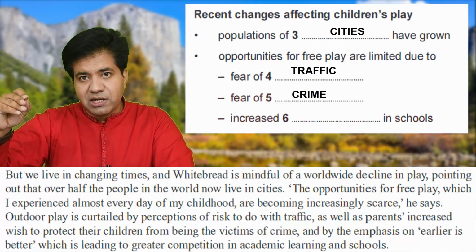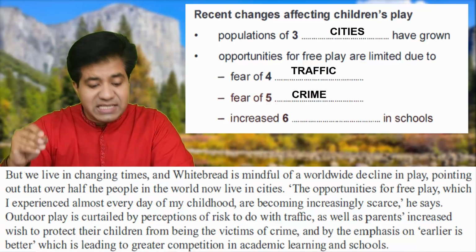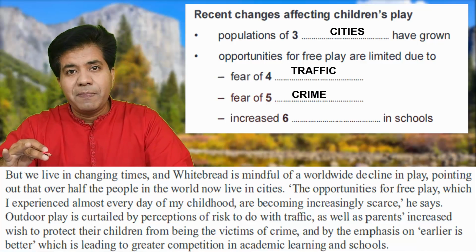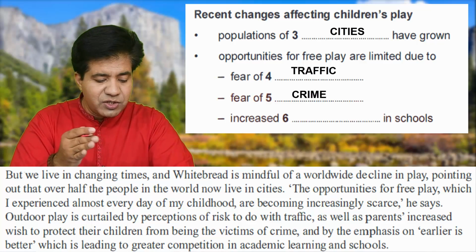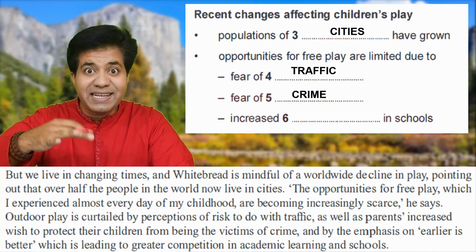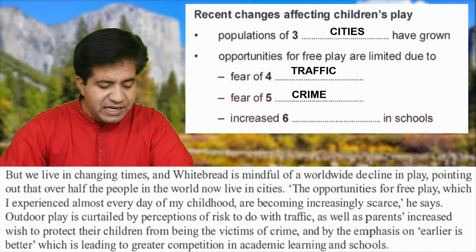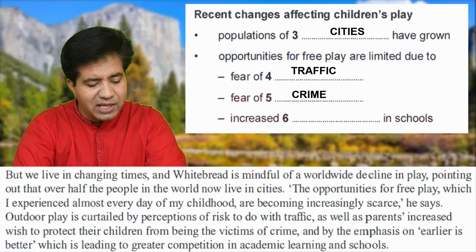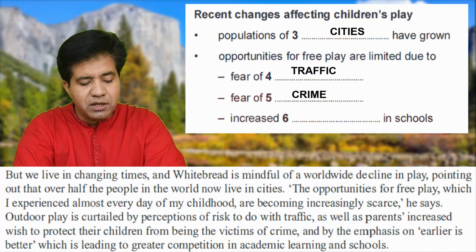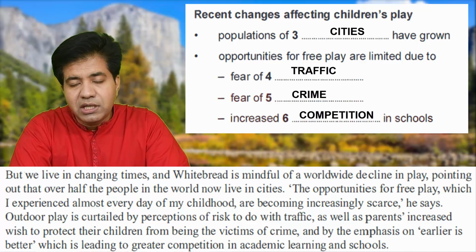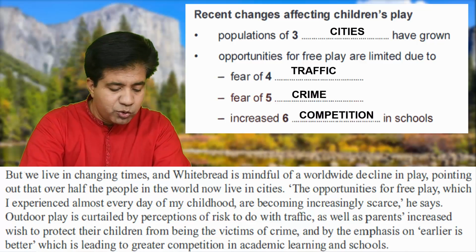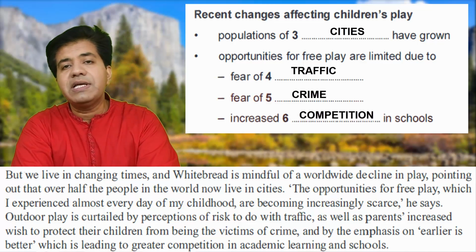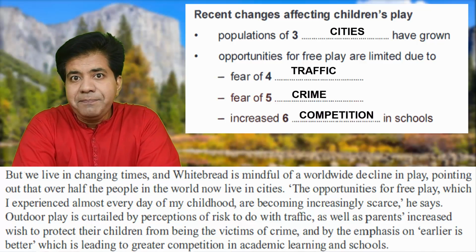Greater competition means the competition is increasing. Which is leading to greater means increasing. If I say it leads to greater, it means it increases actually. The question is increased competition in schools. They use the word schools and they also use the word academic learning over there. Is that clear? See that?